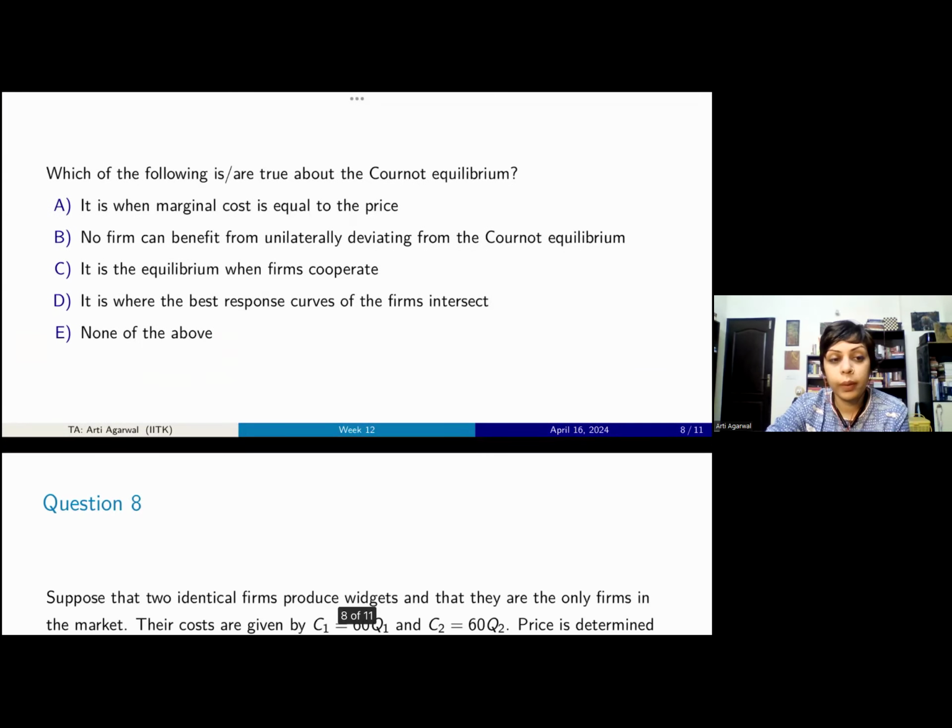Okay. So which of the following do you think is or are true about the Cournot equilibrium?